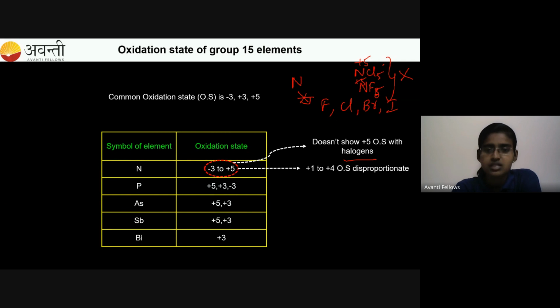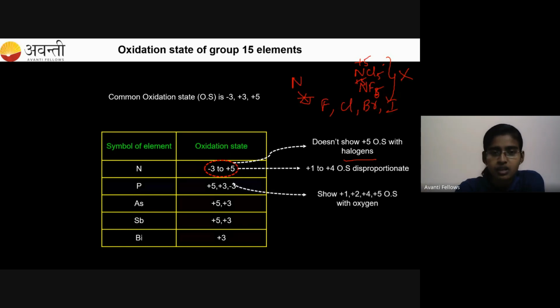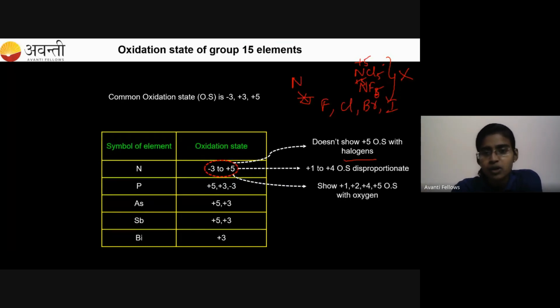Those reactions are called disproportionation. So if nitrogen is present in +1 or +4 in your reactant part, it will disproportionate in the product. And one more point about nitrogen is that +1, +2, +4, +5 oxidation states are possible only with nitrogen.